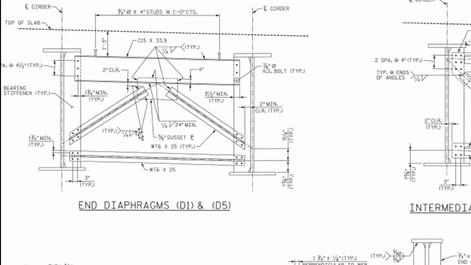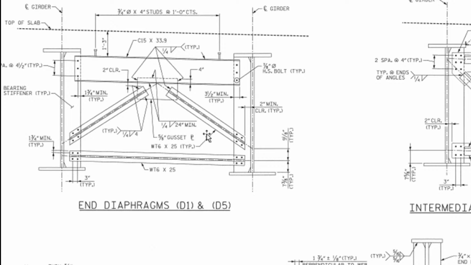Also with this one, these are welding symbols. Meaning there are weldings on this portion. Typical 1/4 by 4. What is the thickness of the gusset plate? 5/8 inches.